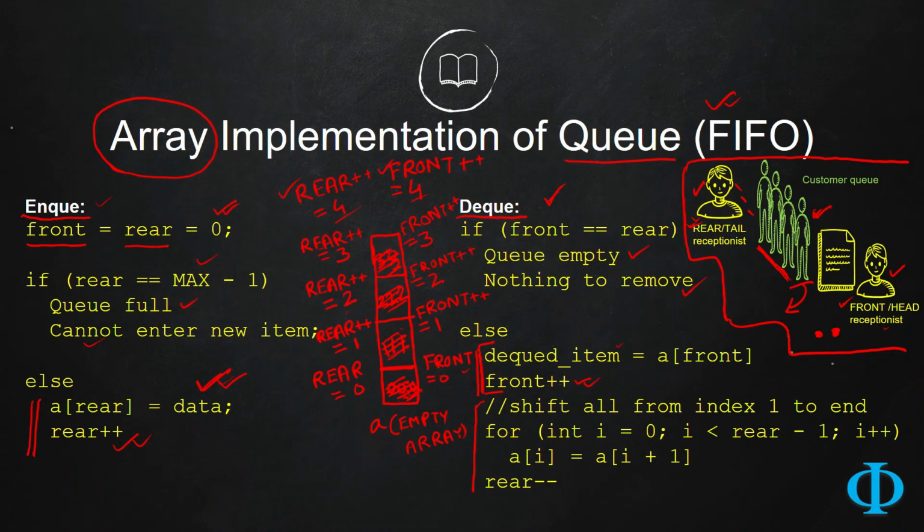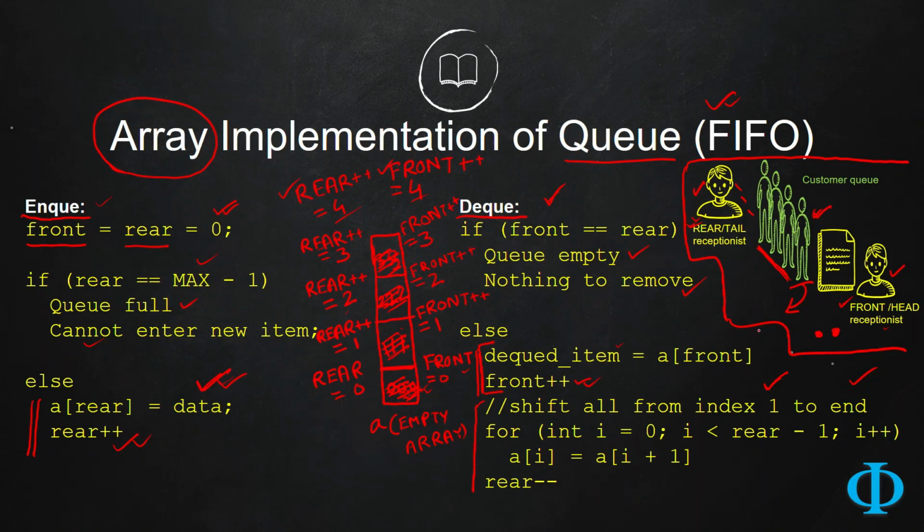So if you want to delete the element at index 0, you have to shift all the elements starting from 1 to the end of the array. And this shifting of the elements actually introduces a lot of inefficiency in this dequeuing operation.